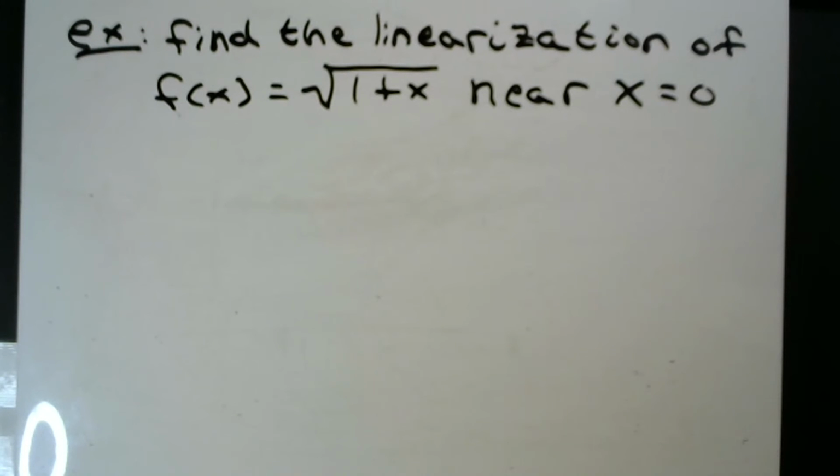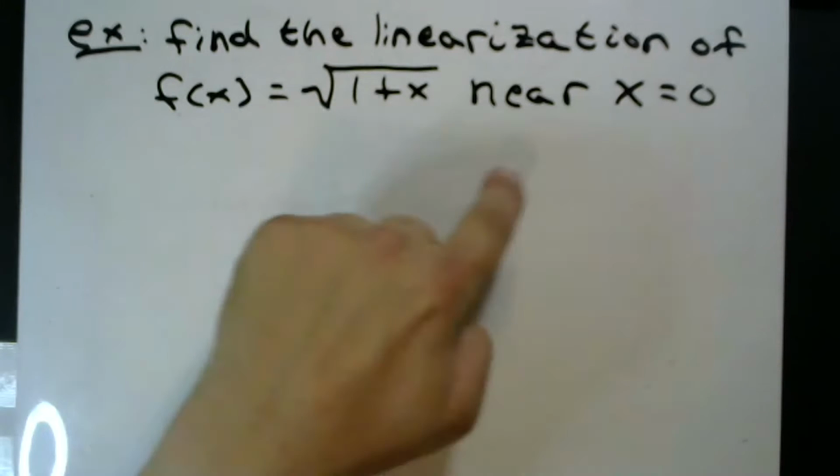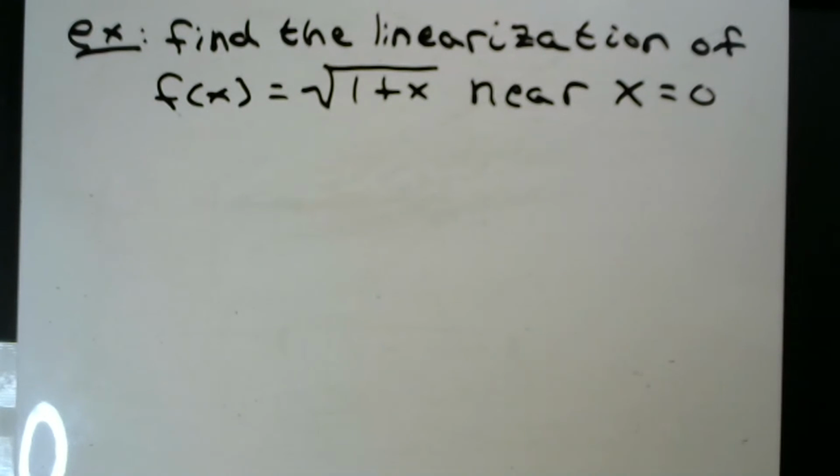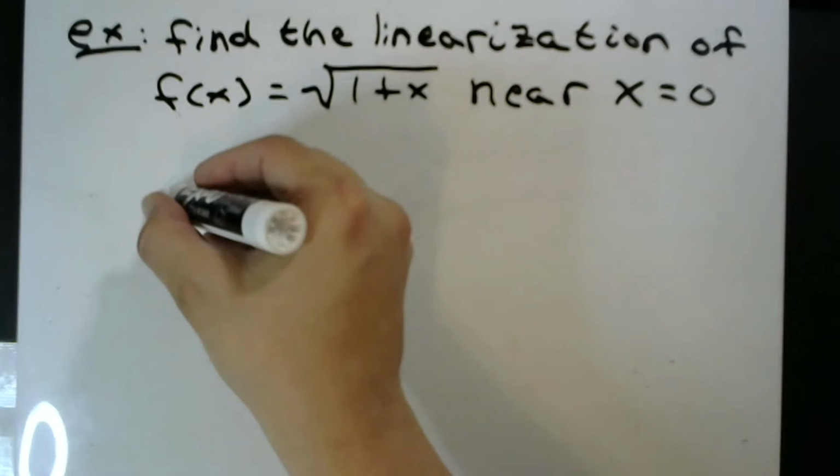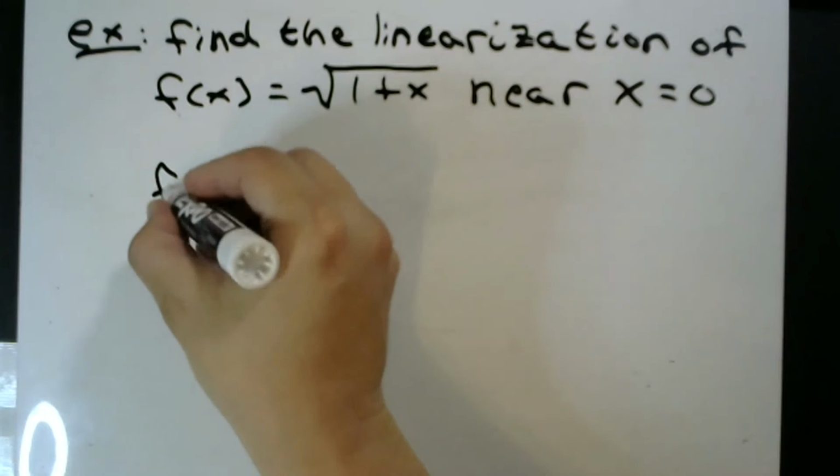So we're going to approximate f of x near x equals 0. So first off, let's get f prime. We have to construct our L of x.